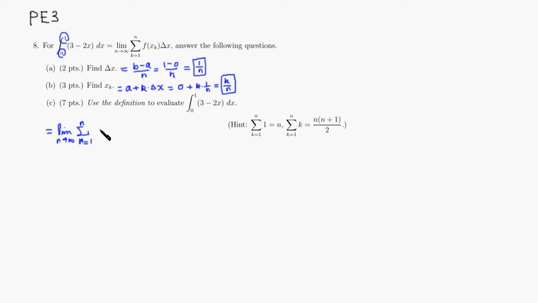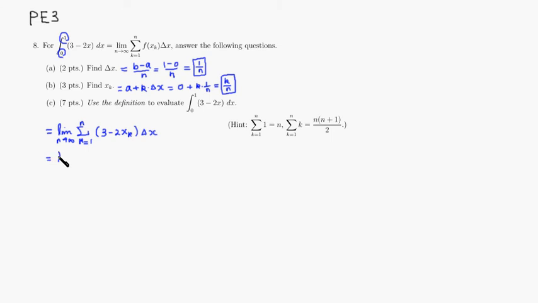Then you have a function, 3 minus 2 x_k. Oh, sorry, I'm using k here, x_k. Delta x becomes dx. Let's plug in x_k and delta x, then you will get this.